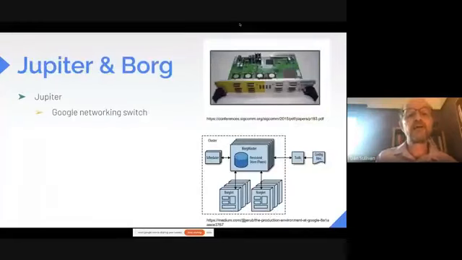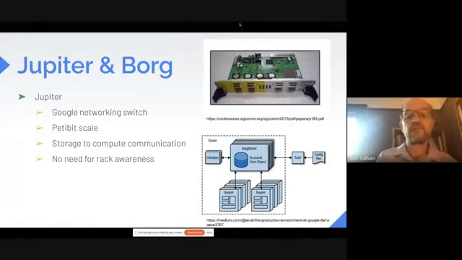Now, Jupyter, again, is a global networking switch, and it's petabit scale. That's the critical thing. And it's both for storage to compute communication, but also compute to compute. And one of the nice things about this is that Google BigQuery doesn't need to have rack awareness.